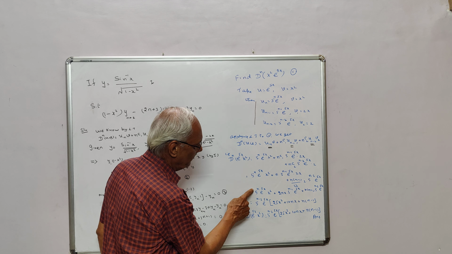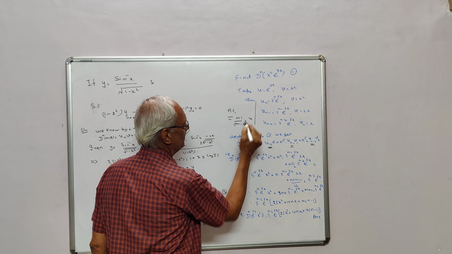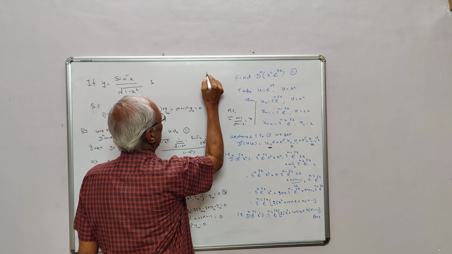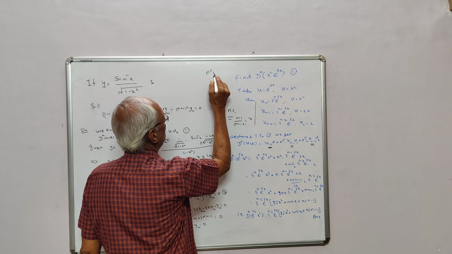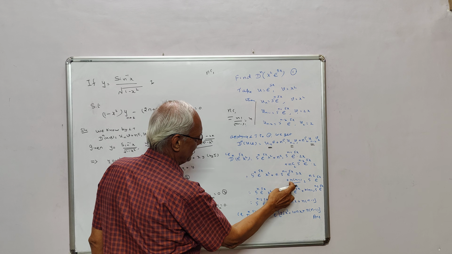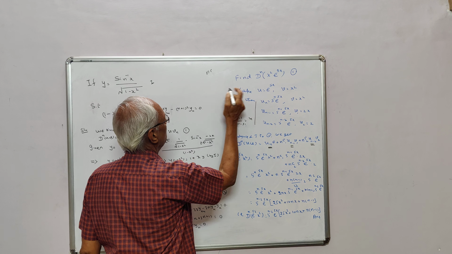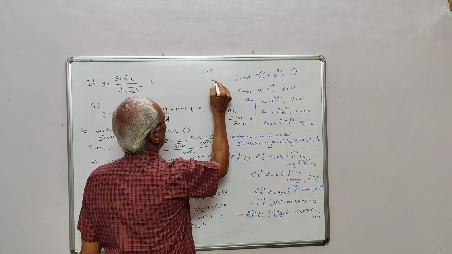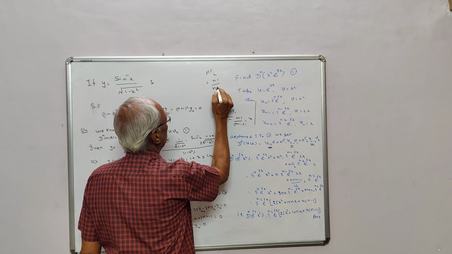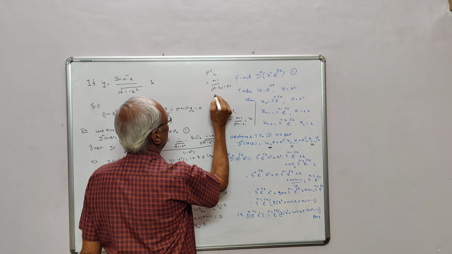Plus, what is nC1? You must know what nC1 is. nC1 will be equal to n factorial divided by (n minus 1) factorial, then (n minus 1) factorial will go off, giving you simply n. And nC2 will be n factorial divided by (n minus 2) factorial into 2 factorial.